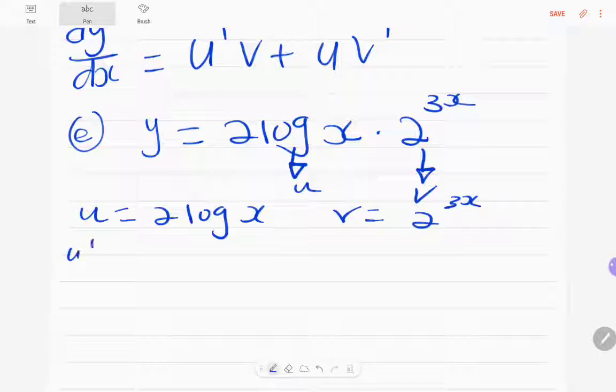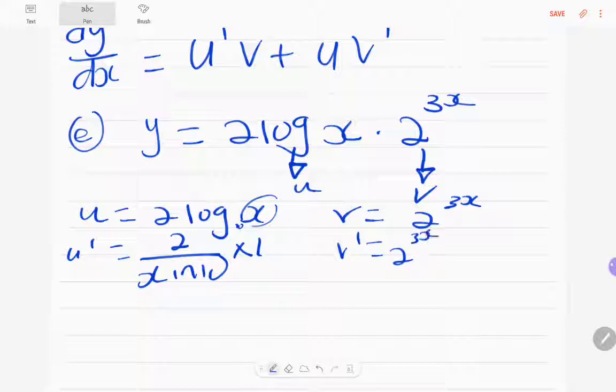What is our u prime? How do we differentiate a log? We take the coefficient, then the function, and we say x ln 10 because there's an invisible 10 here. We multiply by the derivative of x, which is 1. We come to v prime. You copy whatever you have, and you introduce ln of the base. What is our base? It is 2.